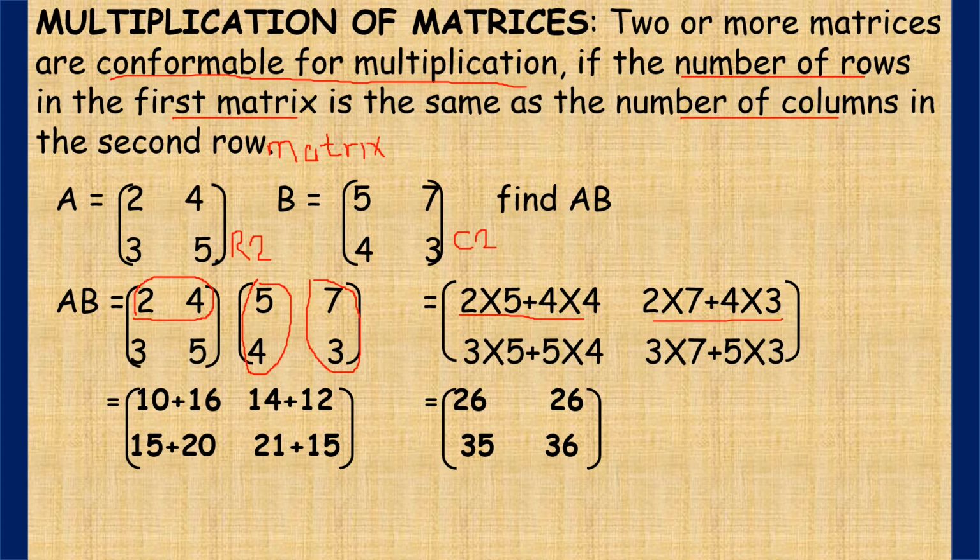Having done with the first row, then we move on to the second row of the first matrix. It will be 3 times 5 plus 5 times 4. The other one will be 3 times 7 plus 5 times 3. And by the time you sum up everything, we're going to have 26, 26, 35, 36. Hope that is clear. Let's move on.